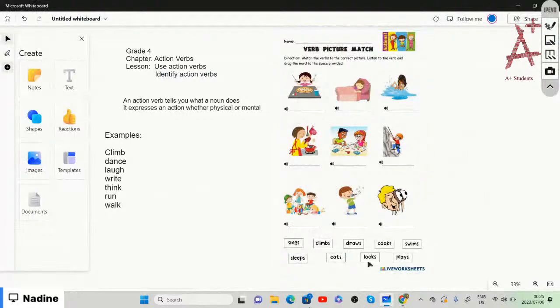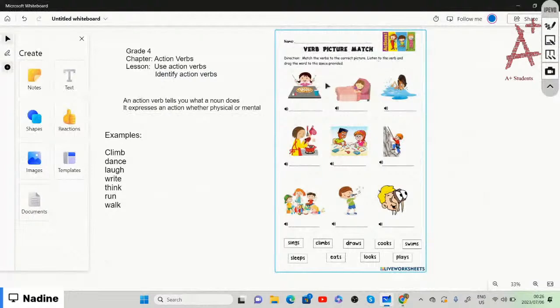So we need to choose the correct words and then write it under each picture, the correct action verbs, and match it with the pictures. We're not going to listen, but we are just going to match the verb to the picture, right?